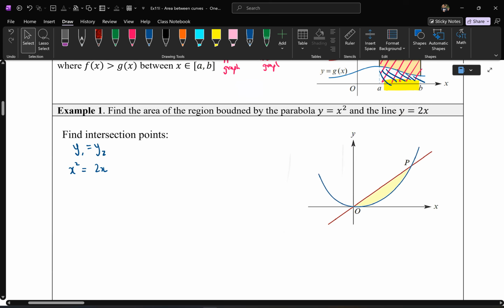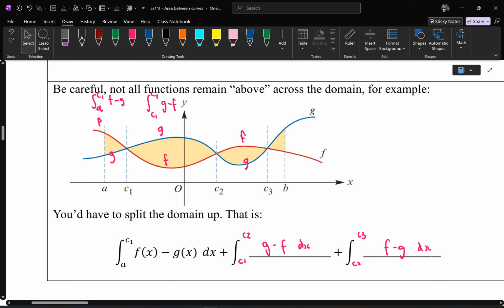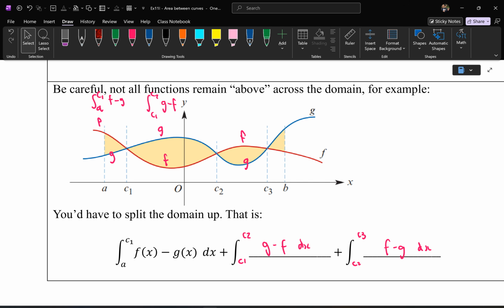So what's the challenge then? The challenge is when you get graphs like this. This is a typical sine, cosine graph that usually occurs in this kind of problem. See, it alternates between which one's the upper graph. Between A and C1, if I had to work out the area between them, I would take F take away G, which is this one.